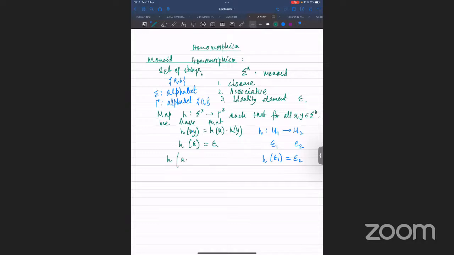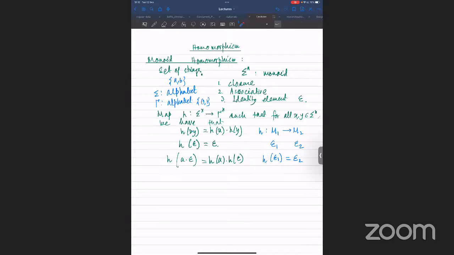So you are saying h of a dot epsilon equals h of a dot h of epsilon. But how do you say that this is going to be epsilon? This is under the assumption.